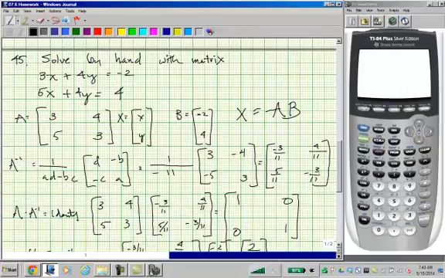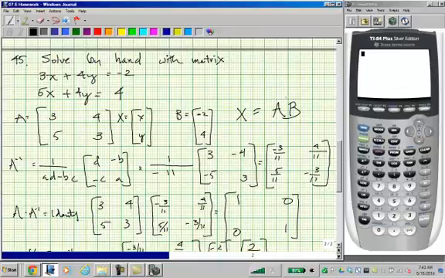So X, that is the matrix xy, is going to equal, all right, let me fix this. It shouldn't say negative A. It should equal the inverse of A times B.